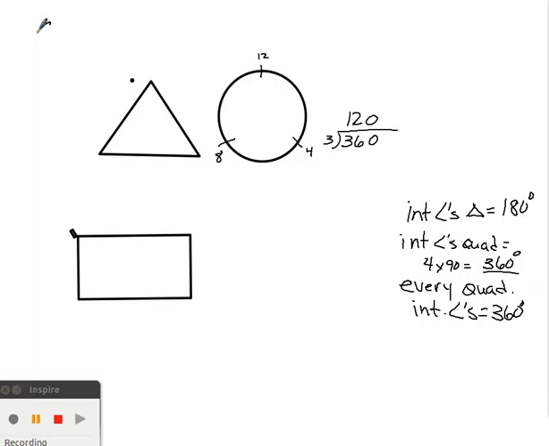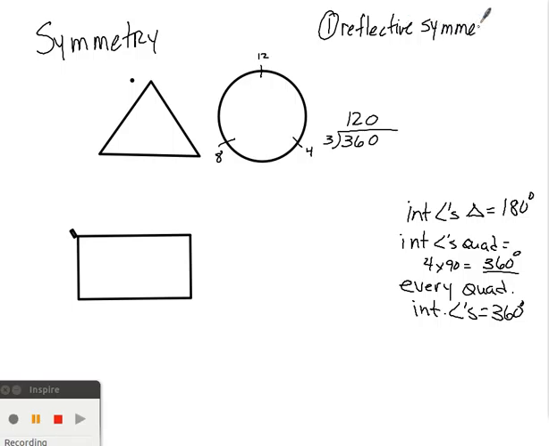So we're going to talk about symmetry now. The first type of symmetry we need to talk about is reflective symmetry. If you have a figure that you can divide in half by a line so that each half is a mirror image of each other, then that figure has reflective symmetry.